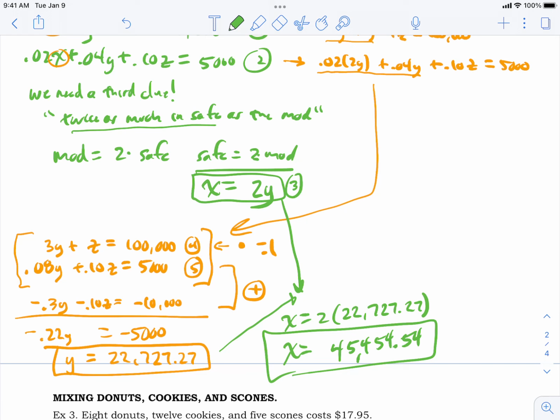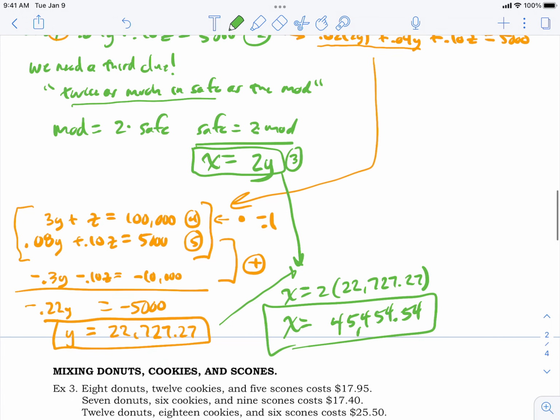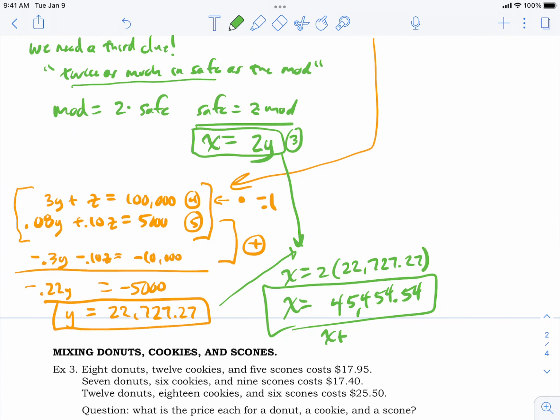And then if you want to get Z, you get Z by saying they all add up to 100,000. So Z is equal to 100,000 minus that, and when I did that before, I got 31,818.18. Cool. That's how you should distribute or allocate your investments.